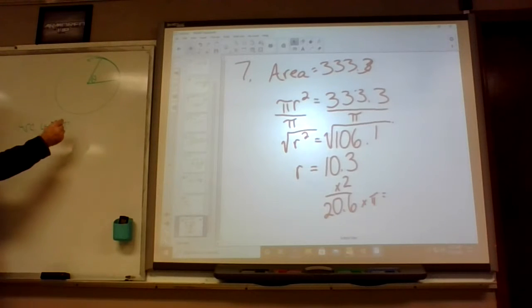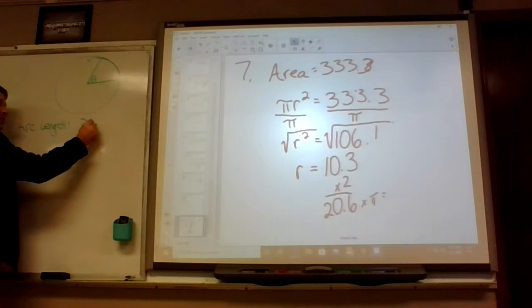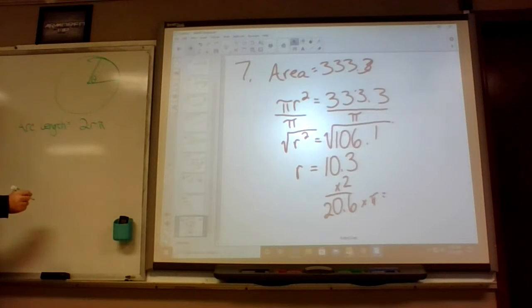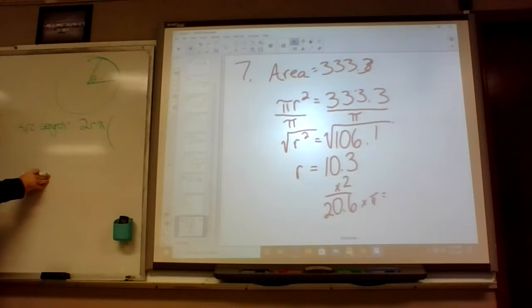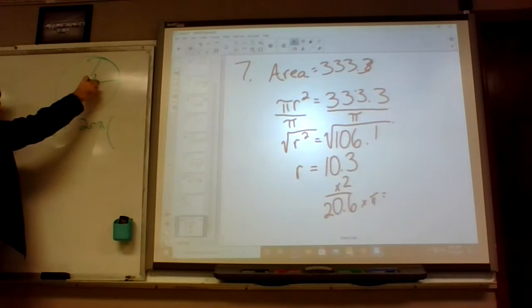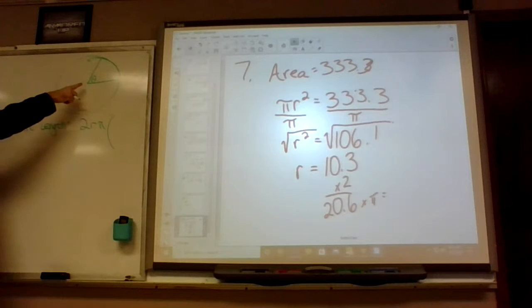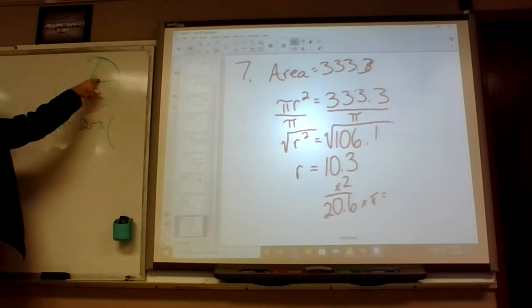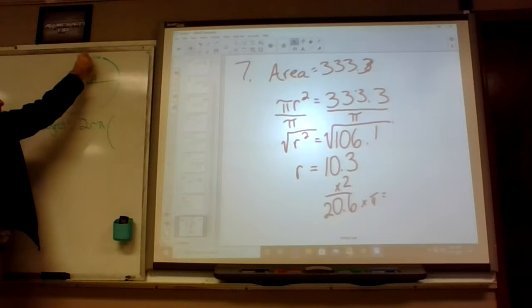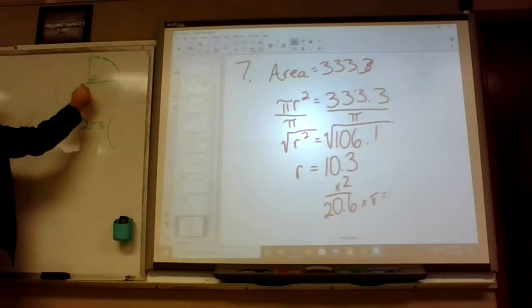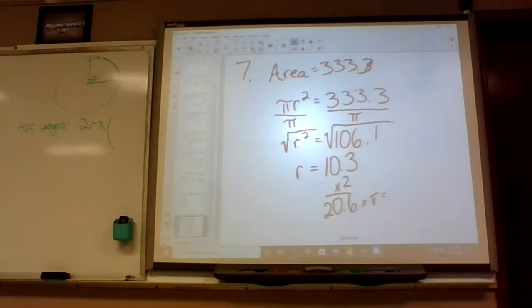How do we find circumference? 2r pi. But if we're only using a portion of the circle, we need to multiply that by what fraction of the circle we're using. Well, let me make it easy. What if this was 90 degrees? What fraction of the circle would we be using?